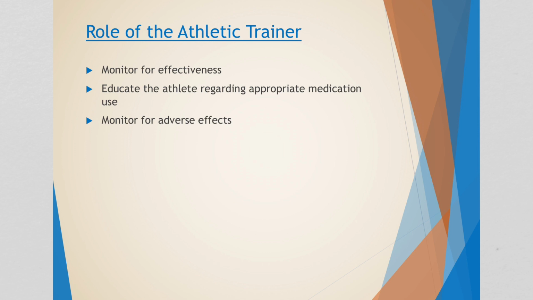We're going to utilize drugs that would really reduce the signs and symptoms and make life easier for the patient, right? The other thing that we want to do is educate our patients regarding appropriate medication use and then monitor the side effects.